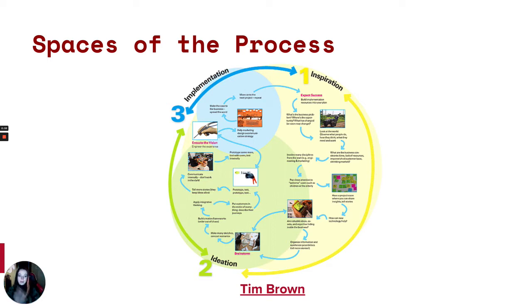So you're going to go out into the world, look at the world, observe what people are doing, how they're thinking, what they need and want, what the problems are. And you're going to really just learn and gather the information. And then you're going to go into ideation. You're going to try to come up with ideas to solve the problem. And then you're going to go to implementation. You're going to try to find the best idea from that group and implement it.